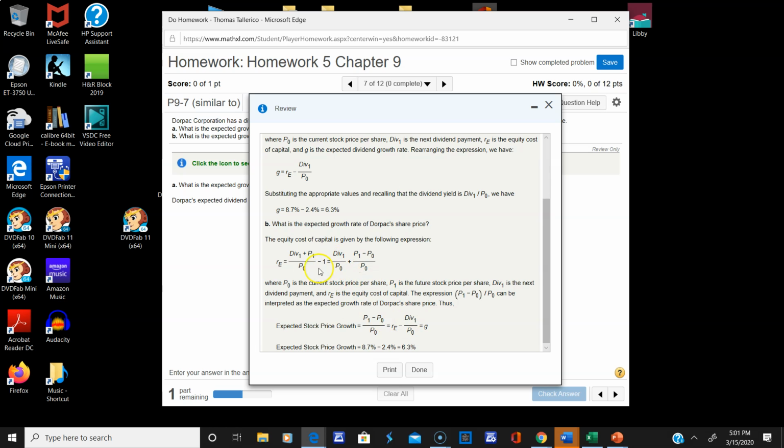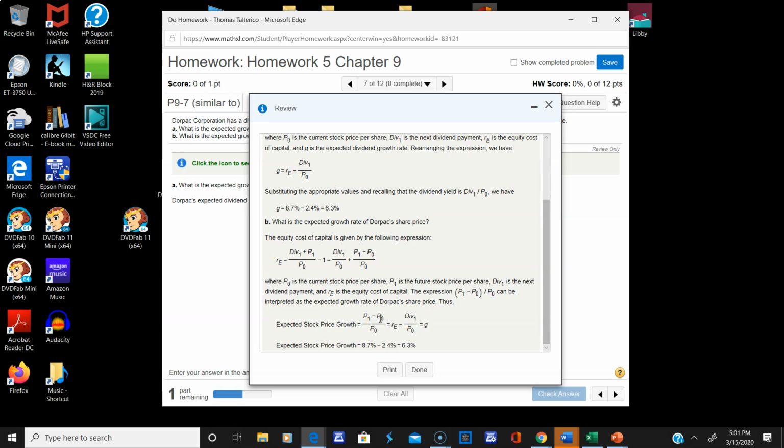We're going to bring this over to here. We're solving for this, right? This is like the holding period return or the growth rate of the share price. So we bring this over to here, okay? And we end up with the stock price growth rate, and we'll just call that G here, right? So it's RE minus D1 over P0.